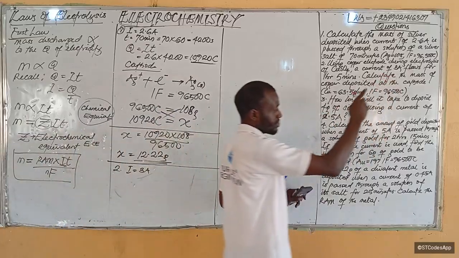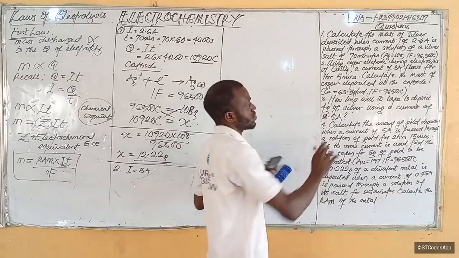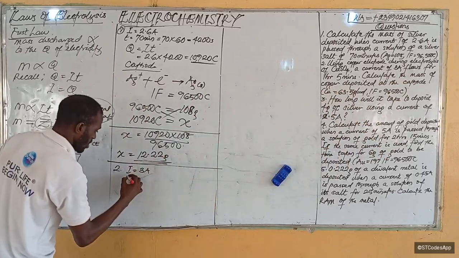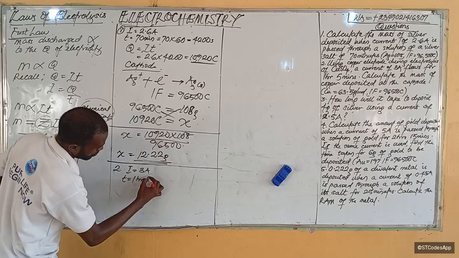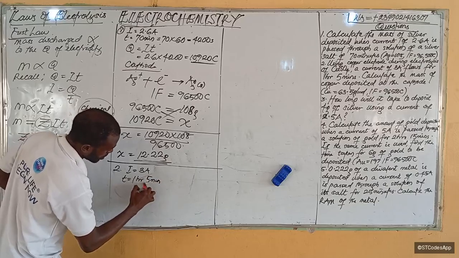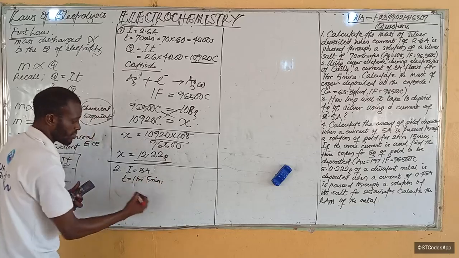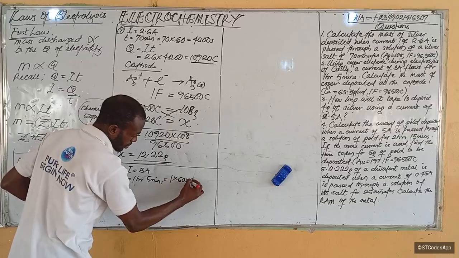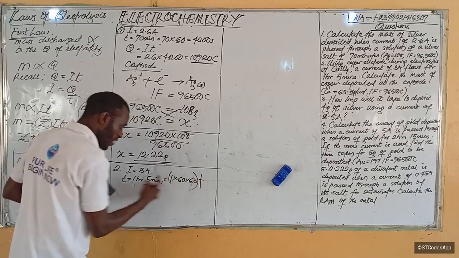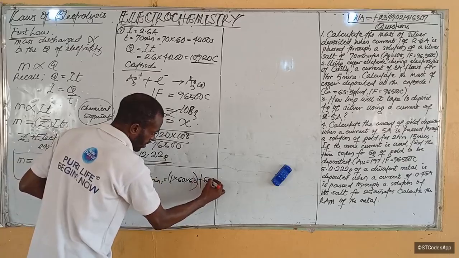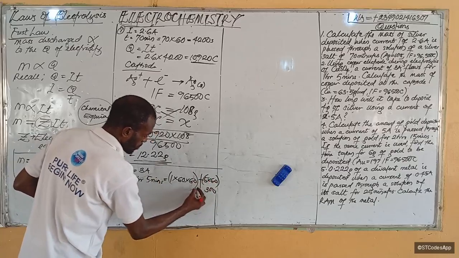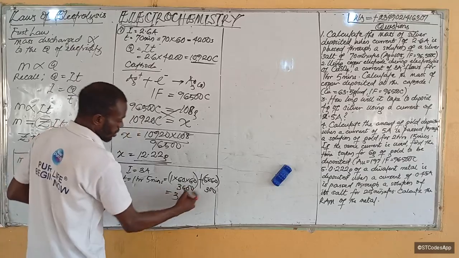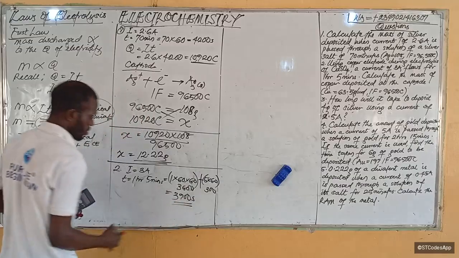I'll manage my handwriting, okay, please, because I'm trying to squeeze in the space. 3 amperes flows for 1 hour 5 minutes. Maybe it's 1 hour 15 minutes, I even wrote 5 minutes there. But anyways, we can still calculate with it. How do we convert that? 1 hour to seconds will become 1 times 60 times 60, then plus 5 minutes to seconds, 5 times 60. 300 plus 3,600 becomes 3,900 seconds.